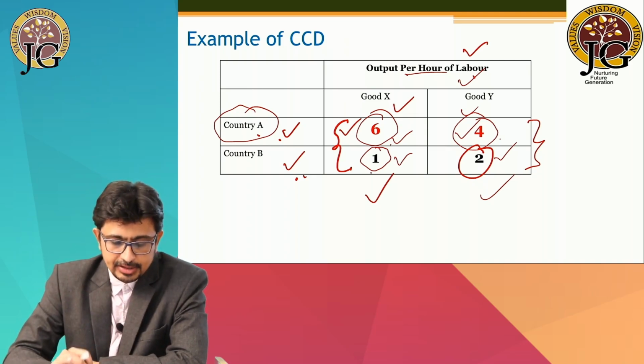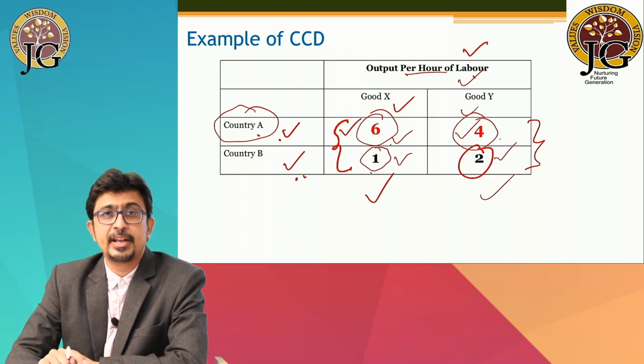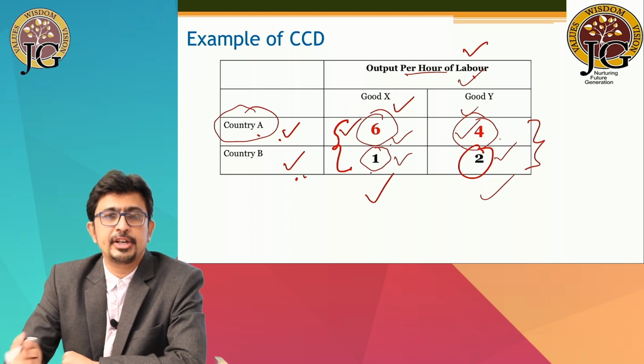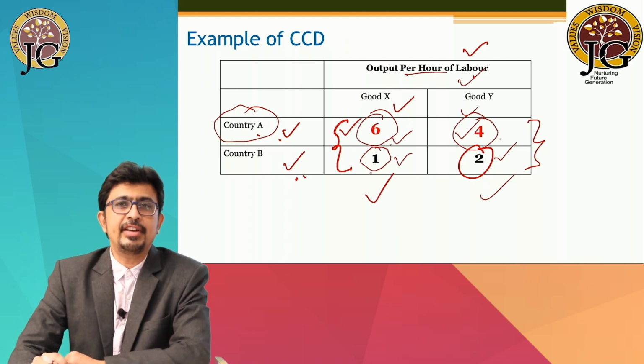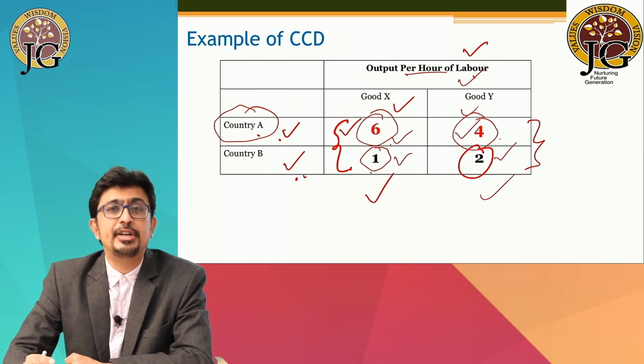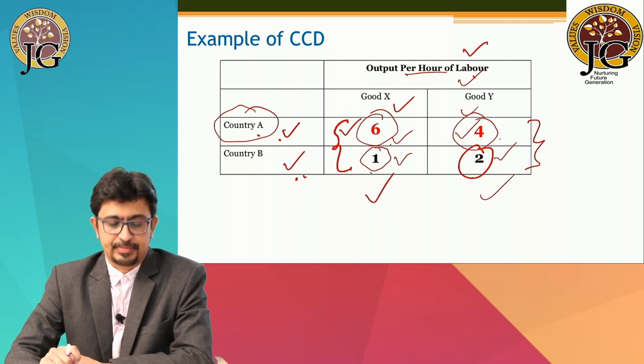So what is the recommendation for country A? Since country A is having comparatively greater advantage in good X, it should export good X. And since country A is having an advantage in good Y but comparatively lesser advantage, it should import that good, good Y, from country B.